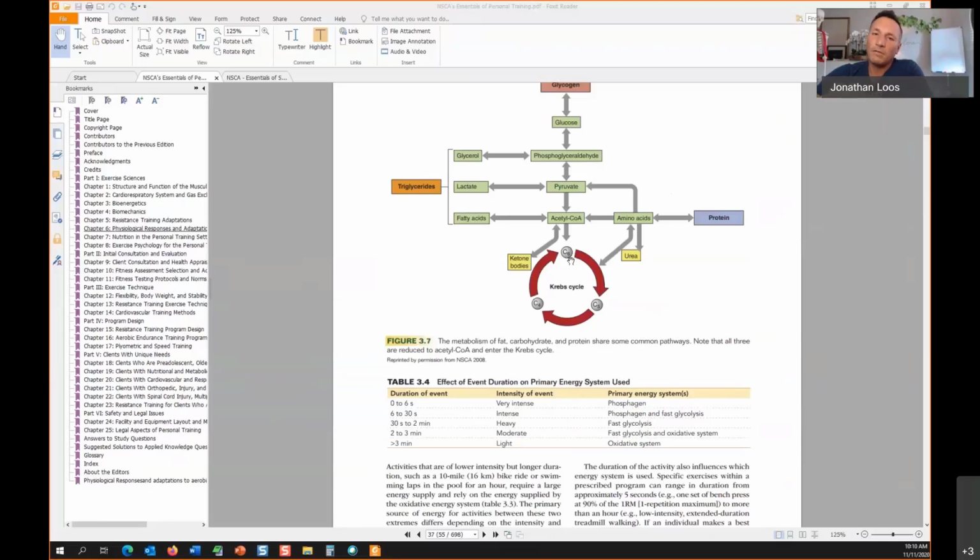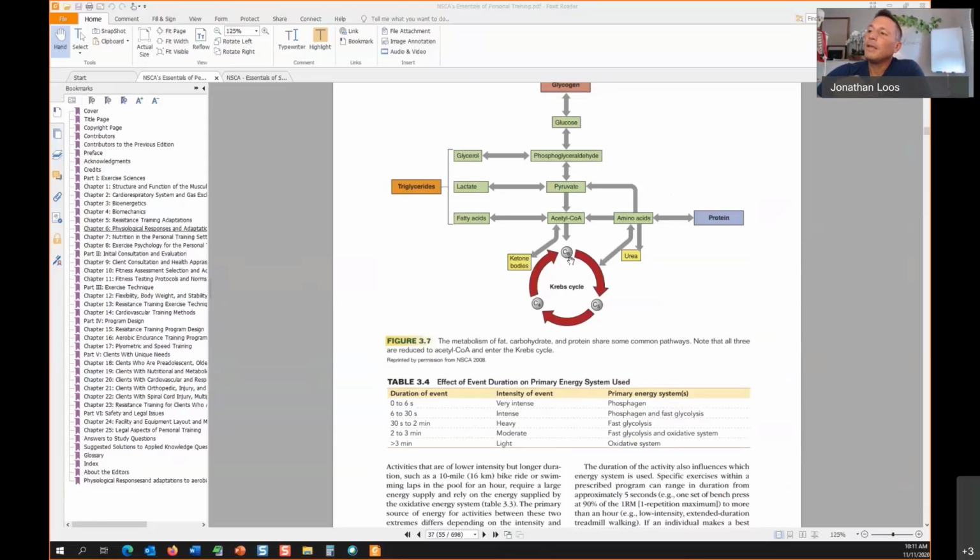Thinking of a 400-meter event, that would be glycolytic system, right? That's under 2 minutes. It's purely glycolytic. You use the phosphagen and then glycolytic, and then a mile run is going to get into your oxidative system because it's activity that's lasting longer than 2 minutes. So being able to work through the energy systems and apply them that way, that's where the bulk of this is going to be.